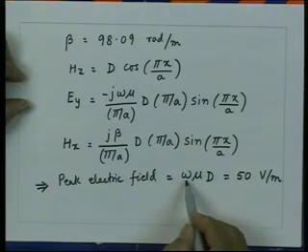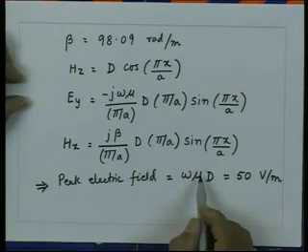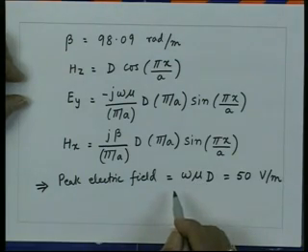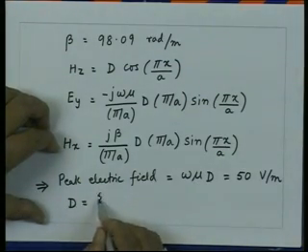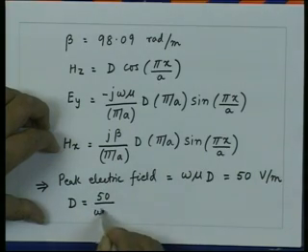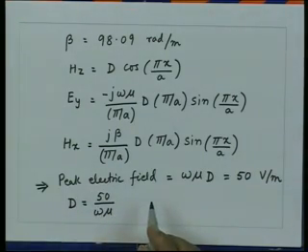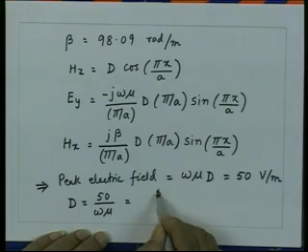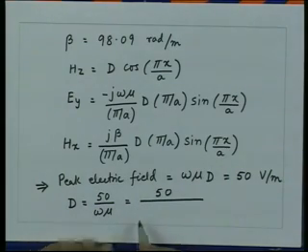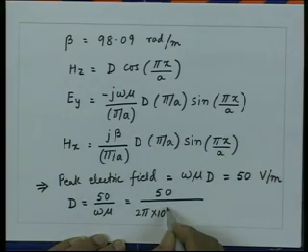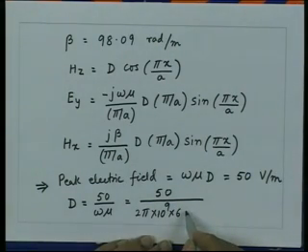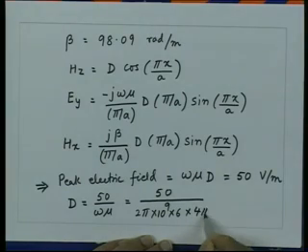Since I know the frequency, and I know the permeability, which is the free space permeability, I can find out the value of d, which is 50 divided by omega mu. So, this is 50 divided by 2 pi into 10 to the power 9 into 6 gigahertz multiplied by 4 pi into 10 to the power minus 7.